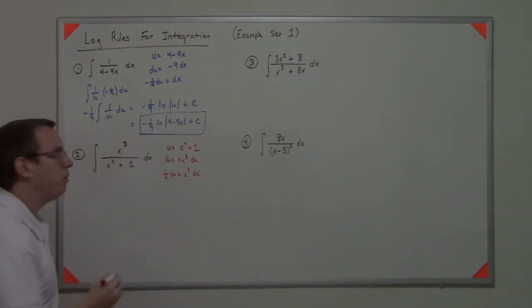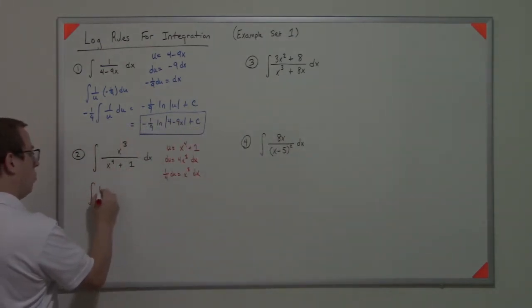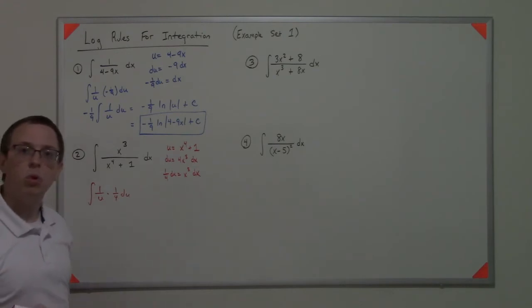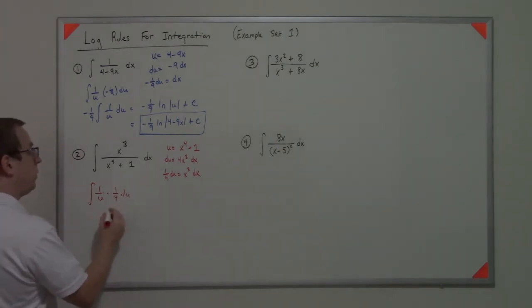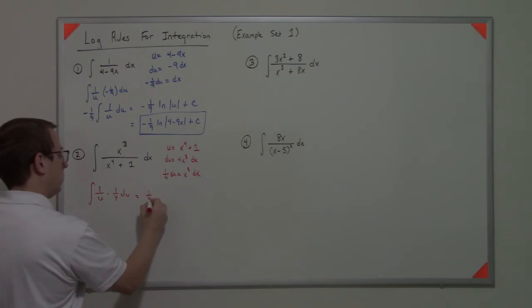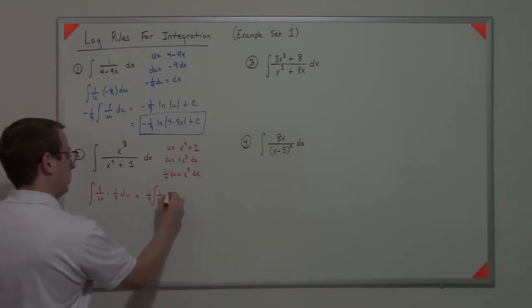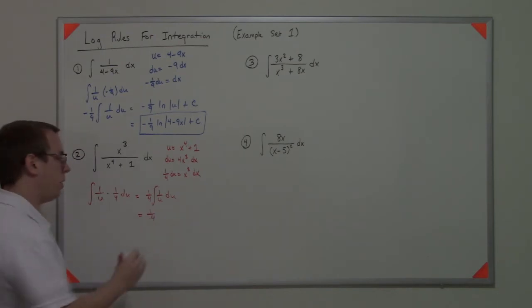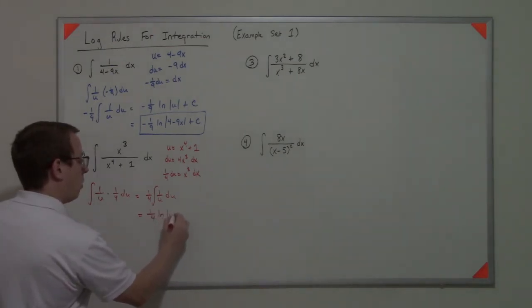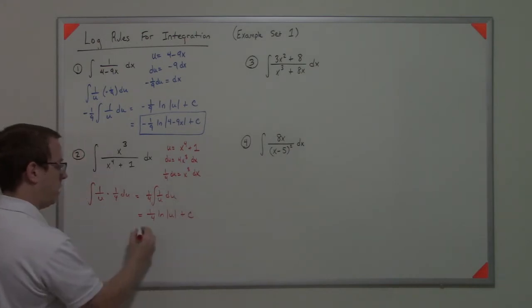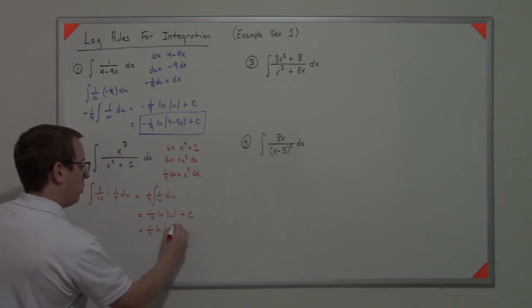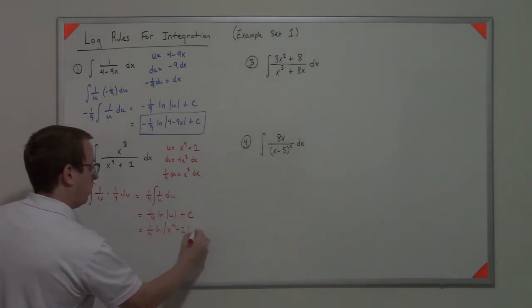So I now have 1 over u times 1/4 du. So then I can pull the 1/4 out front. And by taking the antiderivative, I get 1/4 natural log of the absolute value of u plus c, which is 1/4 the natural log of x to the 4th plus 1 plus c.